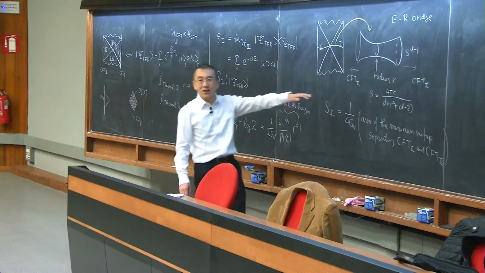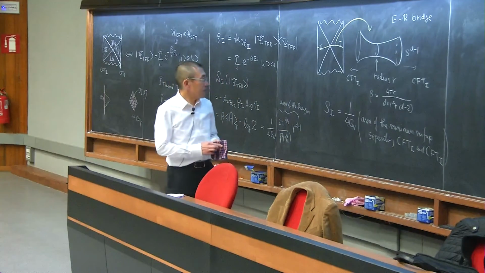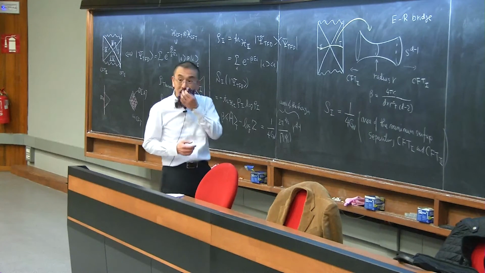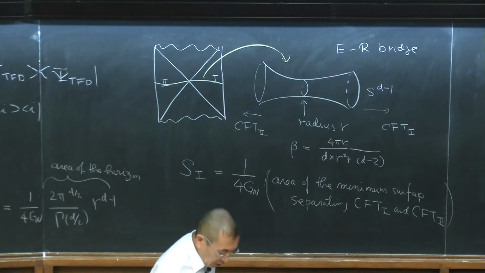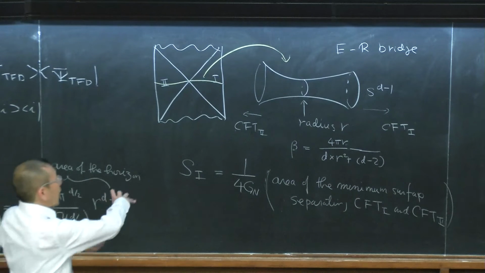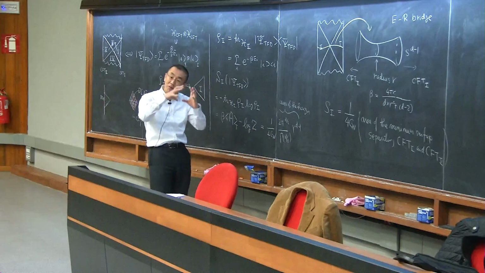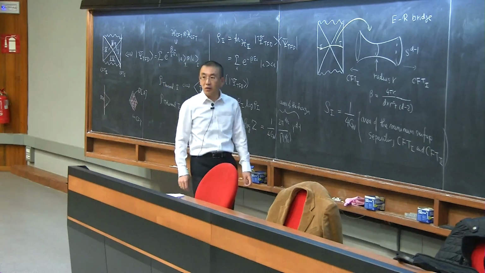Temperature, yeah, so this is consistent. Yeah, okay, good. Excuse me. Anyway, as R grows, the entanglement grows, and as R becomes small, the entanglement becomes small.